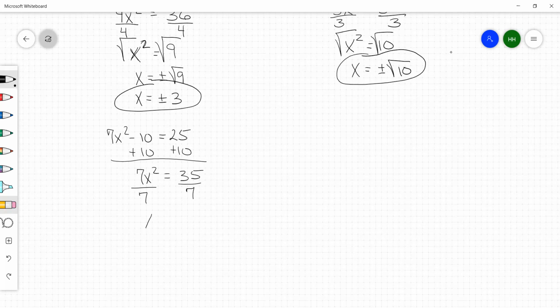So x squared would equal 5. And if you square root both sides, then x would be equal to the positive or negative square root of 5. All right, so any questions on finding square roots?